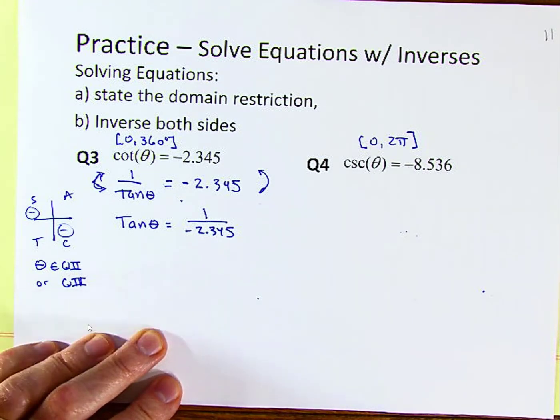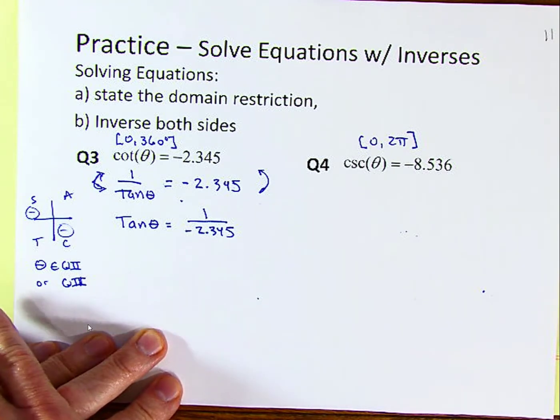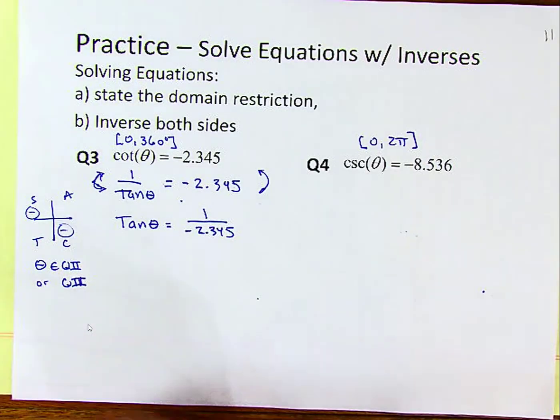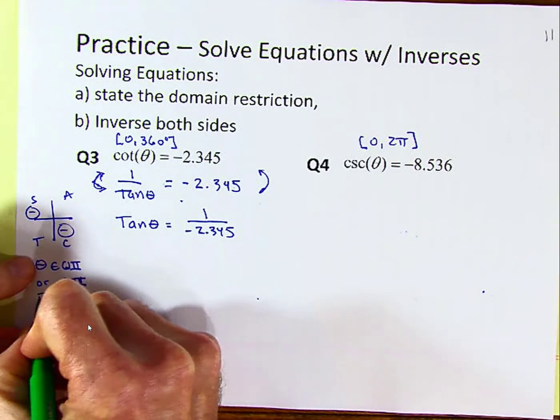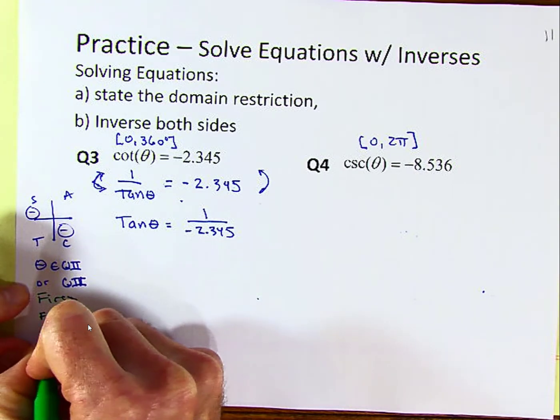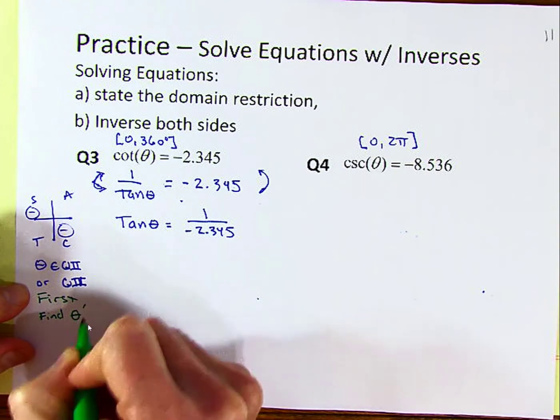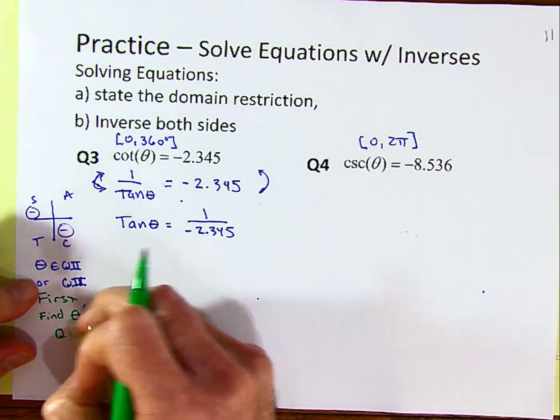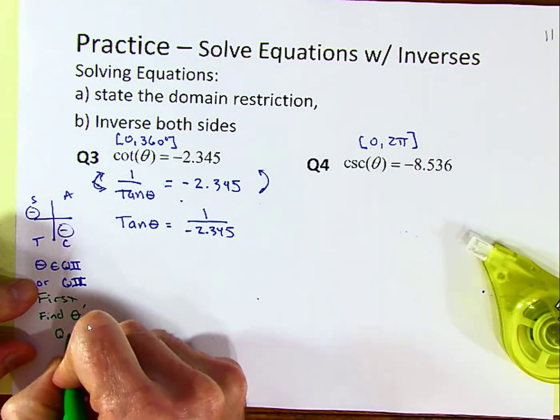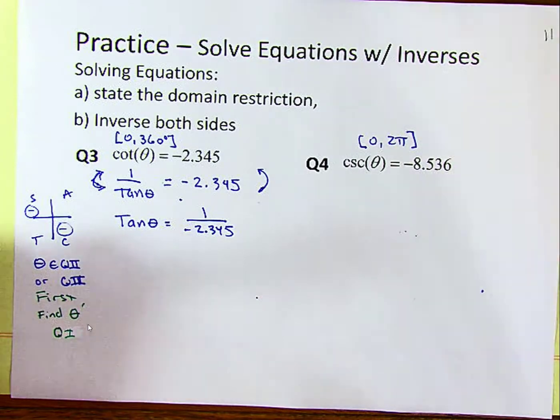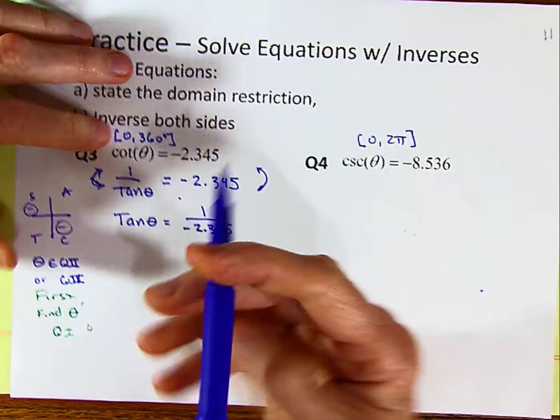So the way to get around this is go after the reference angle. So first, find the reference angle. That's quadrant 1. And it's really easy little trick. We can trick the problem to find it.